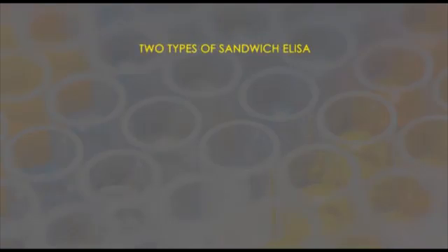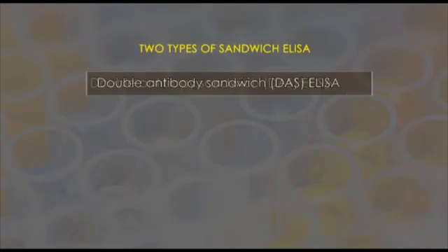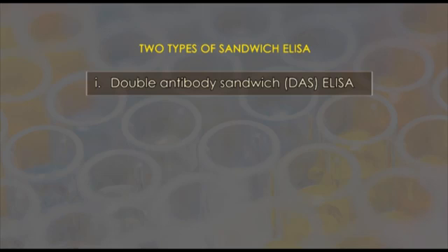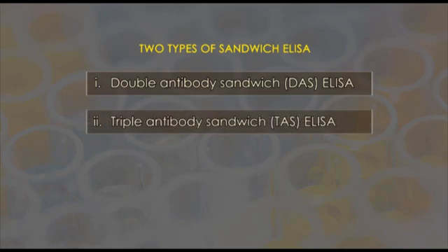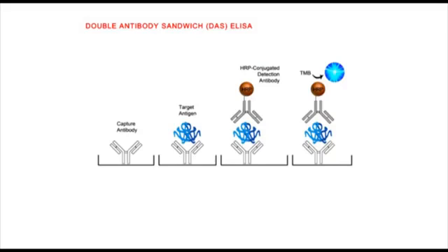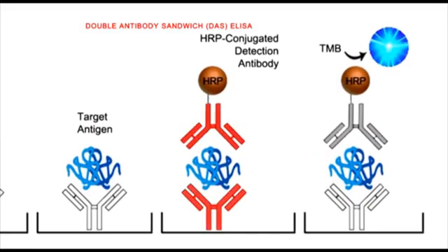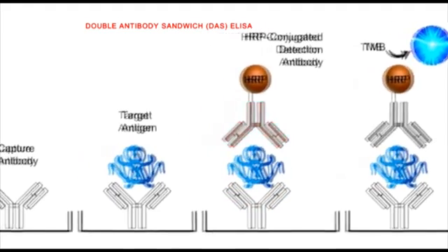There are two types of sandwich ELISA. They are double antibody sandwich or DAS ELISA and triple antibody sandwich or TAS ELISA. In double antibody sandwich ELISA, two antibodies are used, one to capture the antigens from the sample and another for detection.